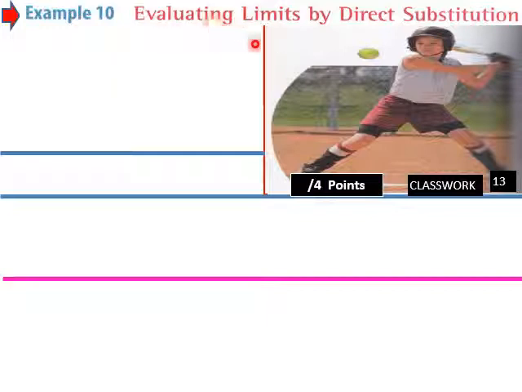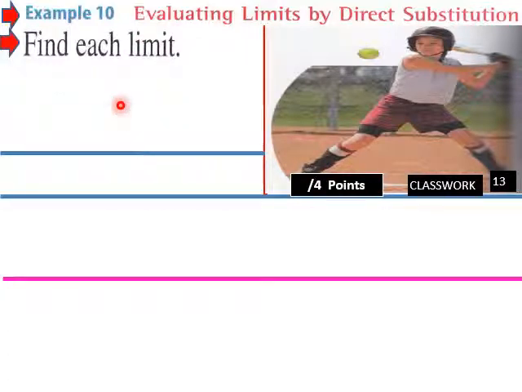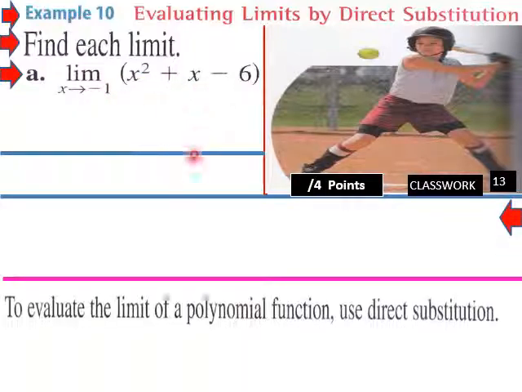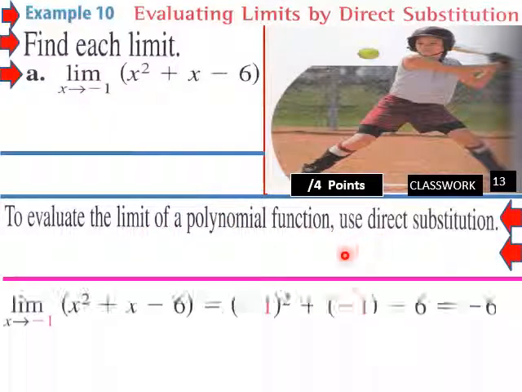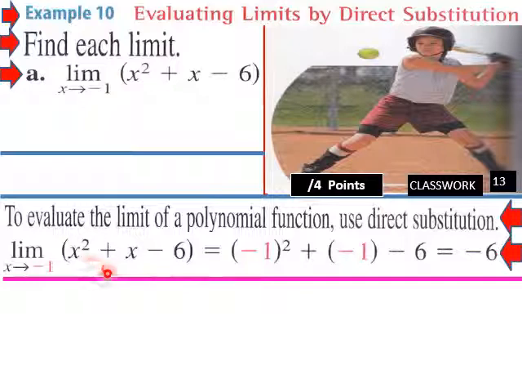Example 10, evaluating limits by direct substitution. Find each limit. So A here, as x approaches -1 for x squared plus x minus 6. To evaluate the limit of a polynomial function, use direct substitution. So we just plug in here -1 squared plus -1 minus 6, and this will be -6 for this one.